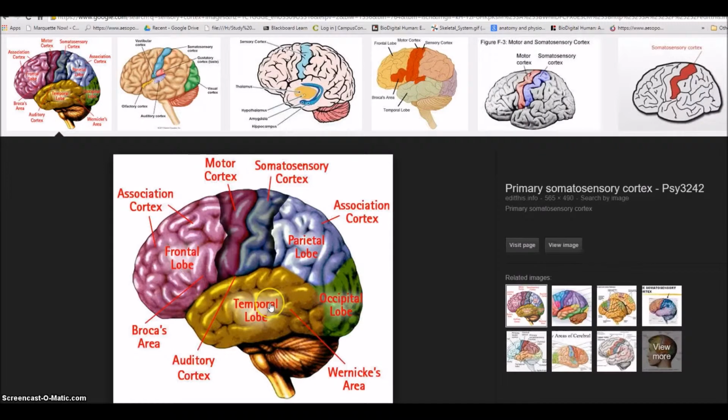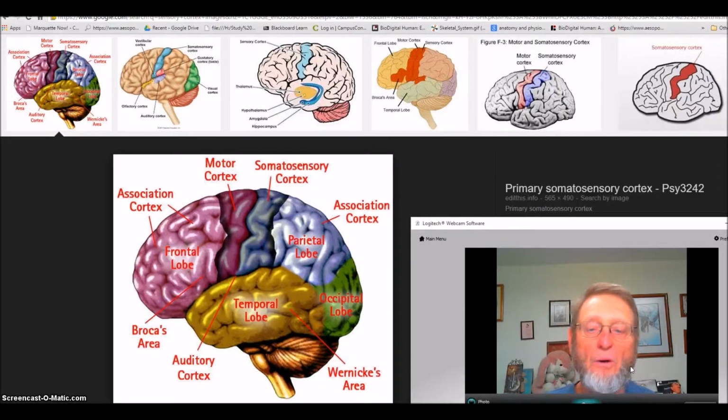So what happens when there's brain damage is, in an adult, like muscle cells, brain cells do not regenerate. They do not repair themselves. And one of the challenges for biomedical research today is to figure out how to get nervous tissue to undergo mitosis to repair itself.